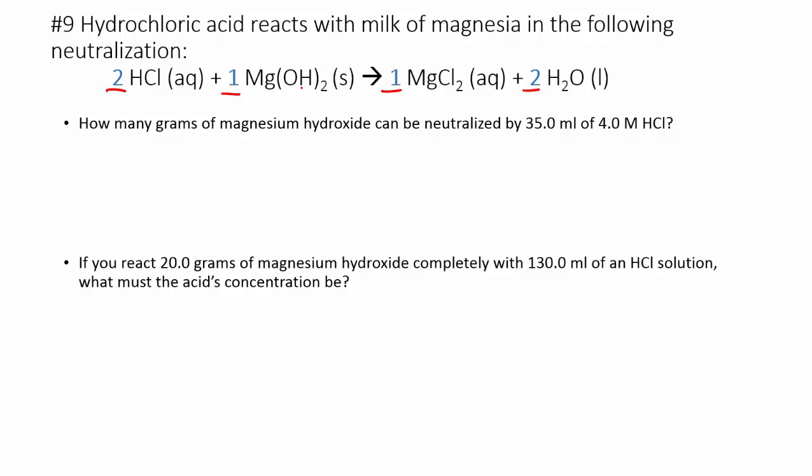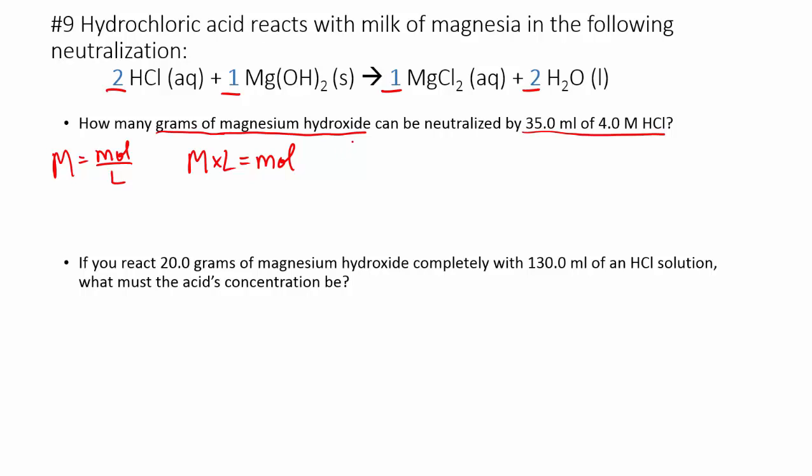So let's look at this first problem. We are given some information for HCl, and we're trying to find grams of magnesium hydroxide. So it looks like we're given a volume and a molarity of a solution. You want to remember that molarity is moles per liter. So if you were given a molarity and a volume, you can find moles.